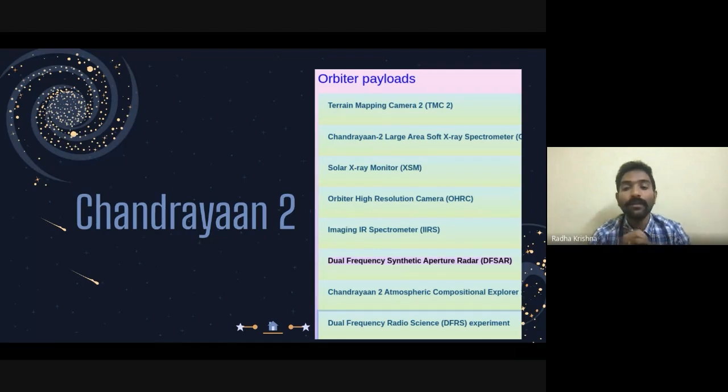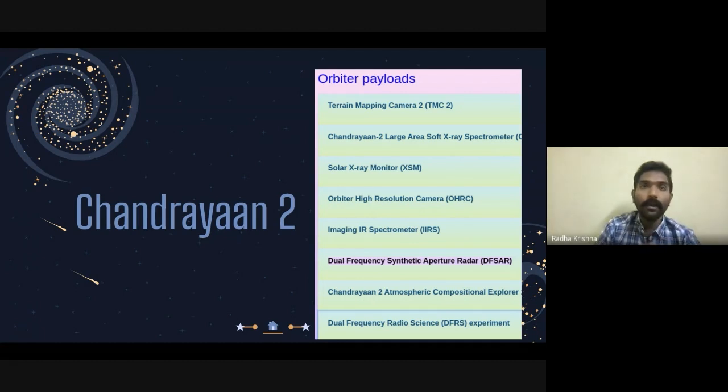Then there are dual frequency synthetic aperture radars, right? In most of the above instruments, solar radiation is coming and you're measuring the reflectances. Now in radars, the satellite itself will emit the beams and observe the reflected beams, right? This is the concept of radar, and synthetic aperture radar is basically simulating a very big antenna from the movement of the satellite.